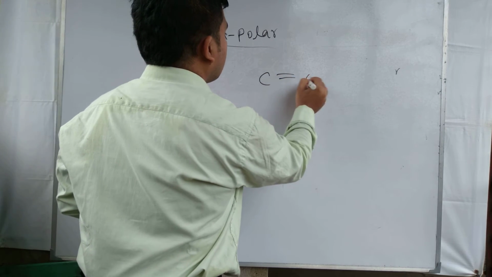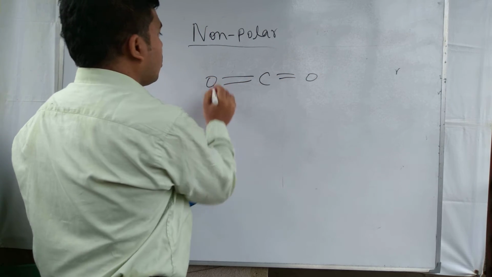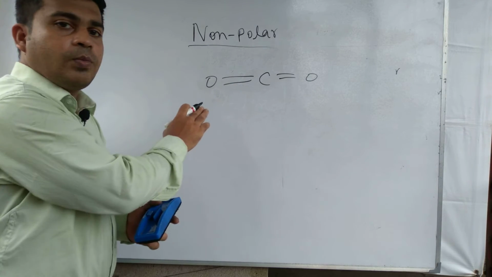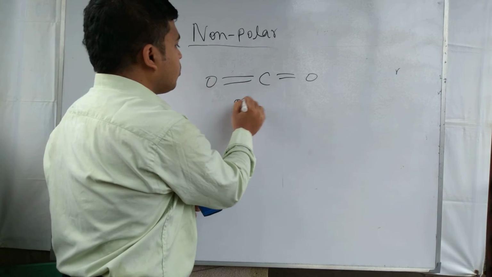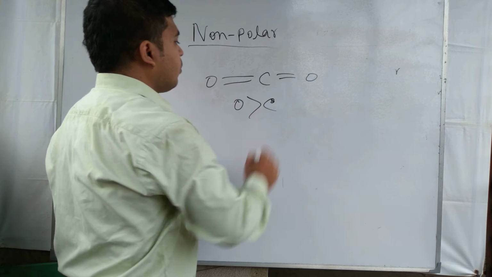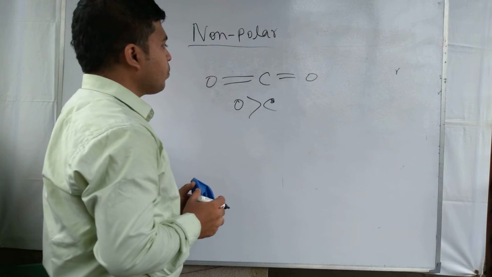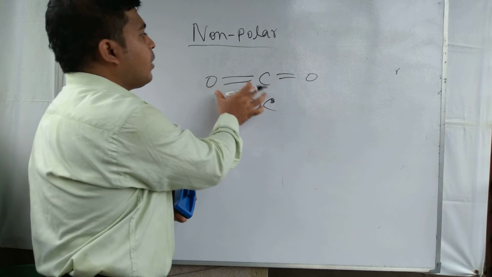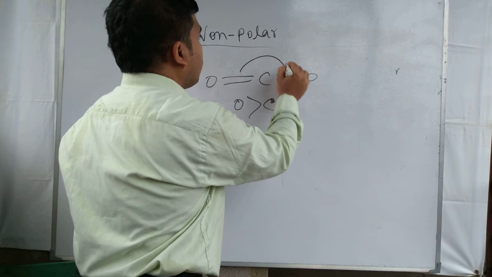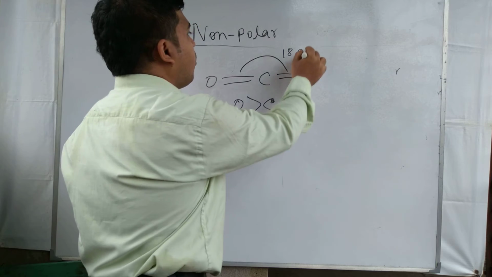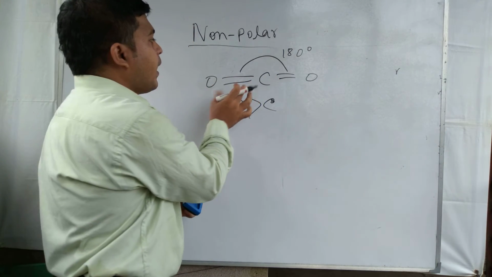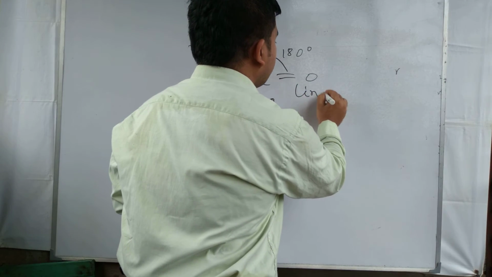For CO2, carbon and oxygen have different electronegativity. Oxygen is more electronegative than carbon, so this bond is polar. But what is happening is that the bonds form an angle of 180 degrees with each other, and the molecule is linear.